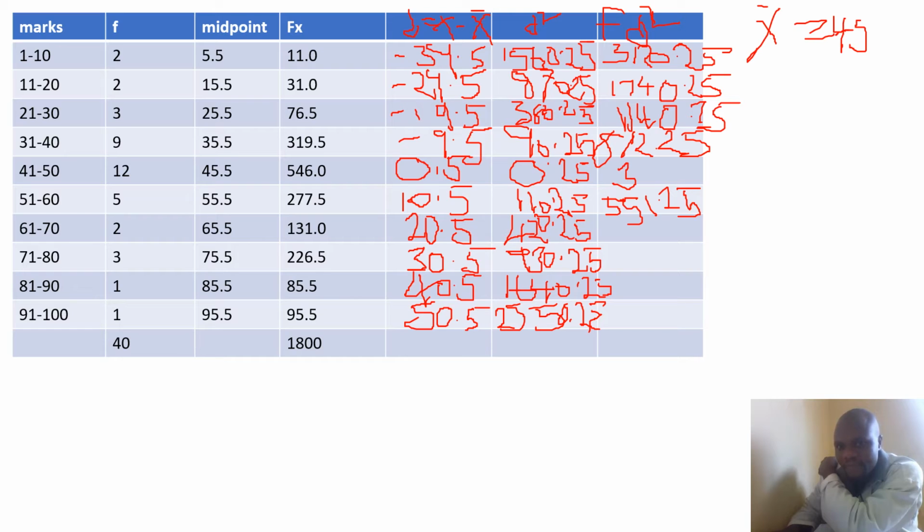The next one, if you multiply 2 multiplied by 420, this one should give us 840.25.